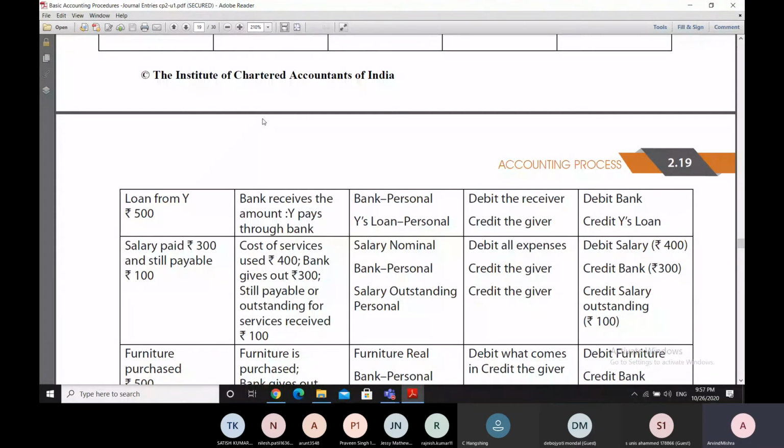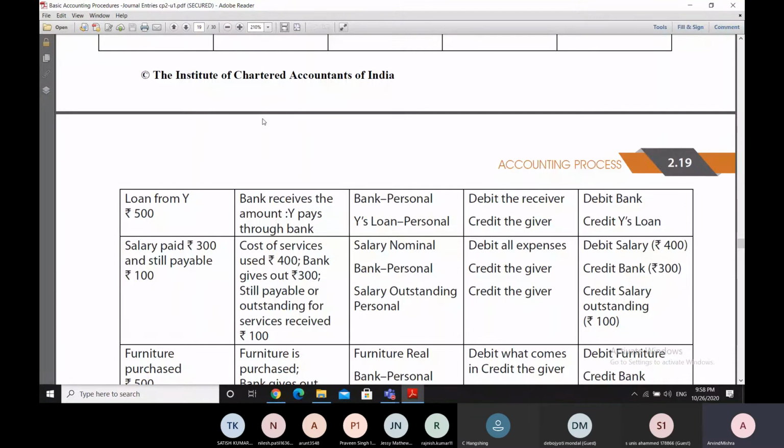We say salary is a nominal account here because it's an expenses account. And the rule for the salary is debit all expenses. So we debit salary by 400 and we credit the giver. The giver is a personal account, the bank account. So we say credit the giver.